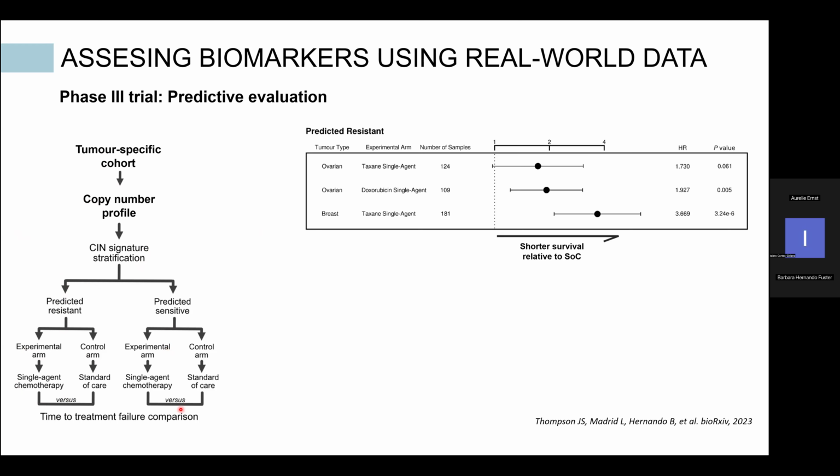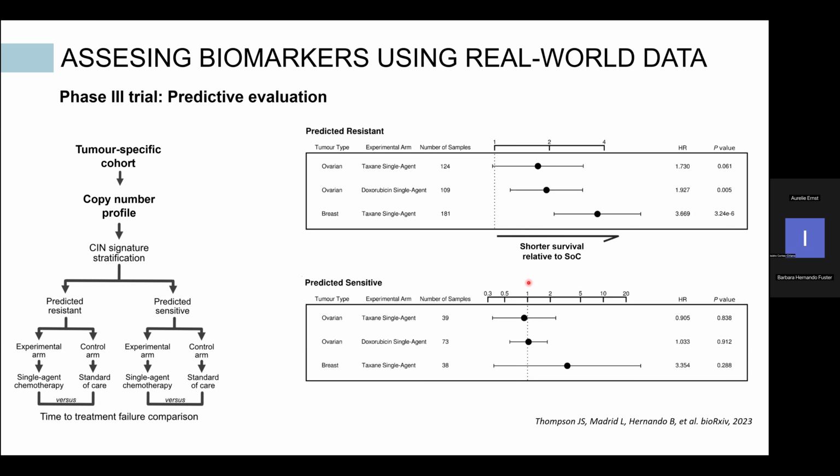And the first thing that we tested is whether those patients that are predicted as resistant actually have a shorter time to treatment failure when treated with the chemotherapy that we are interested in, because they are resistant in a way. And we actually observed that those patients that are predicted as resistant have a shorter survival time relative to the standard of care treatment.